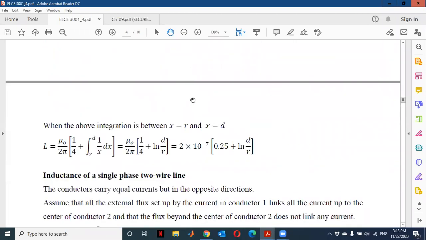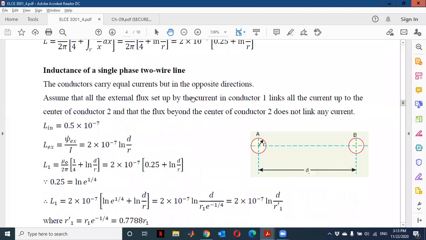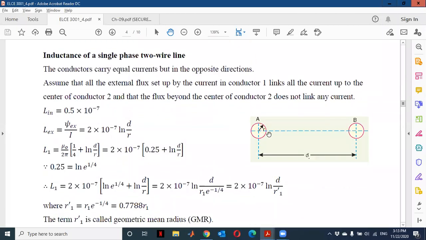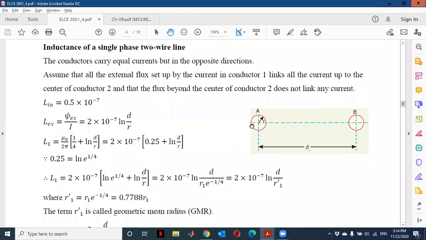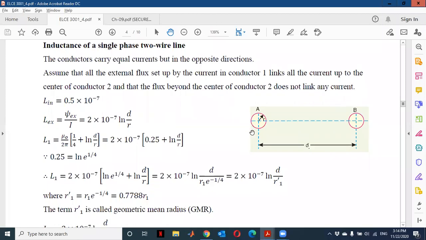What about if we have two wires, single phase? We have two wires here. If we have two wires, the story is different. First, and most of the times, the diameter of two wires is equal. It means that radius of conductor A equals radius of conductor B, and this is the distance.